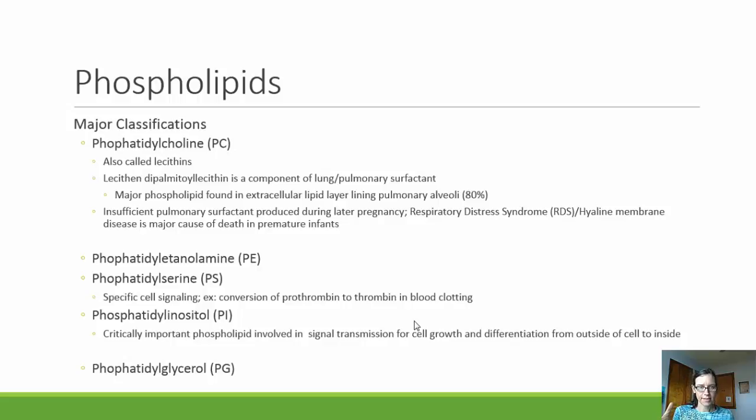So we measure this phosphatidylcholine in order to understand how much help this infant is going to need. Then we also have the phosphatidylethanolamine, phosphatidylserine, which is important for cell signaling, as is phosphatidylinositol and phosphatidylglycerol. So these are all just different kinds of phospholipids.